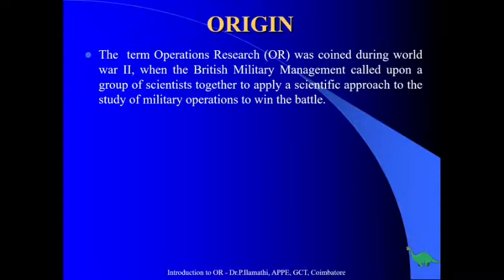They were given the problem to allocate these limited resources so as to win the battle. Their objective was to find a scientific approach to study military operations to win the battle.